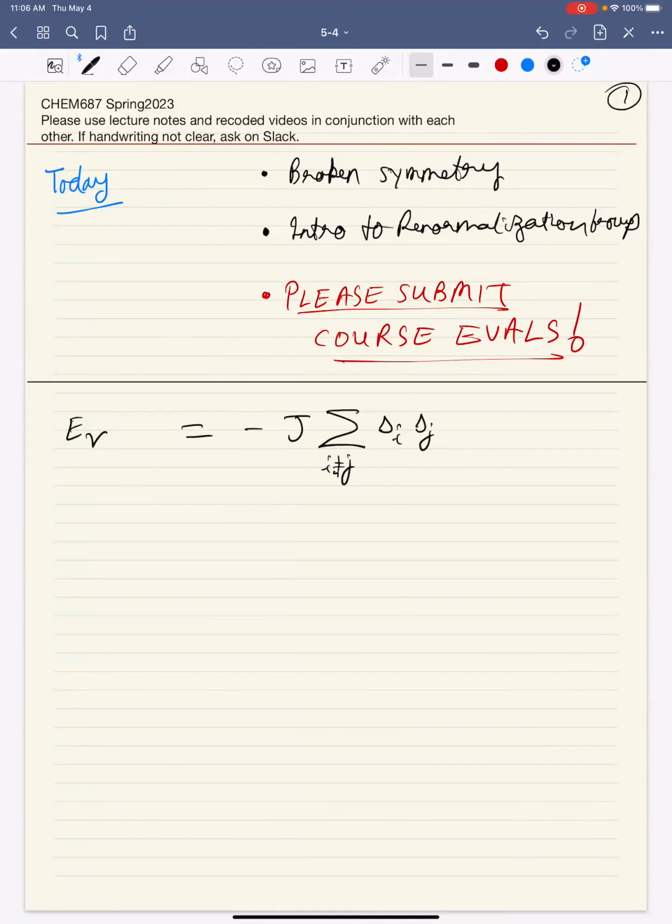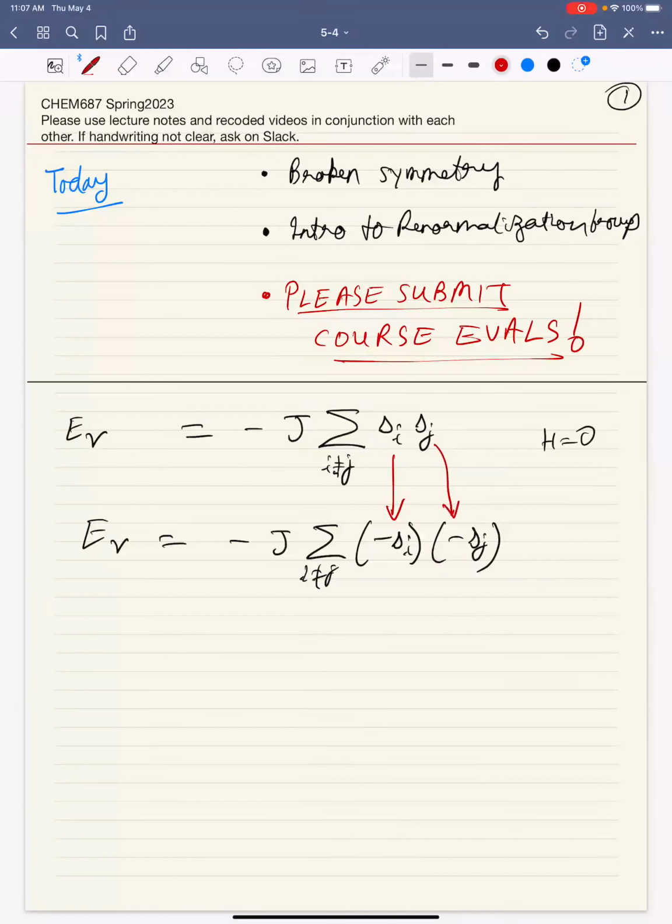So we have something like this when H is equal to 0. So the simple observation you can make here is that if you wrote down a microstate where every spin was changed to the opposite of what it was. So maybe s_i was +1, you make it -1, and maybe s_j was -1, you make it +1. So if you make every spin exactly opposite of what it was, so s_i went to minus s_i and s_j went to minus s_j, E_nu does not change, right? Minus minus is 1, E_nu does not change.